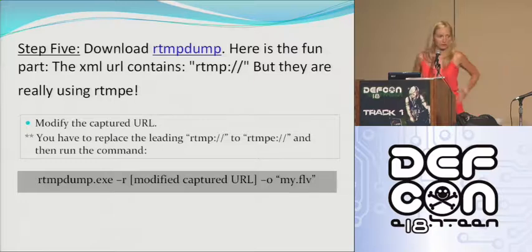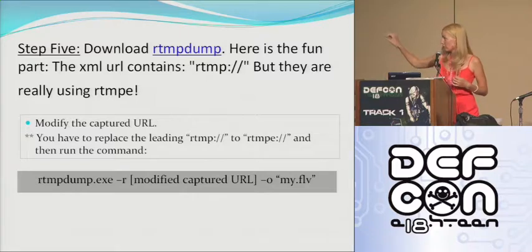Okay, so the next thing you have to do is download RTMP Dump if you don't have it already. And here's the fun part. They're kind of tricky. It looks like it's RTMP, but it's not really RTMP, it's RTMPE. So if you just change the URL to RTMPE and then run that command in RTMP Dump, you're going to download the file.